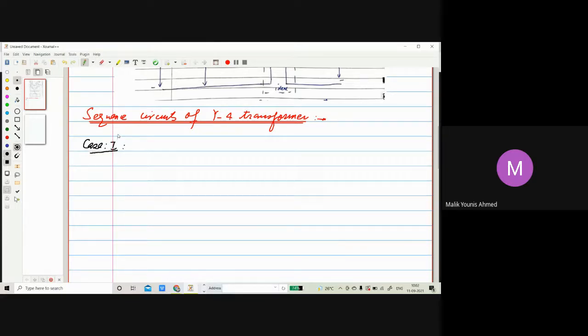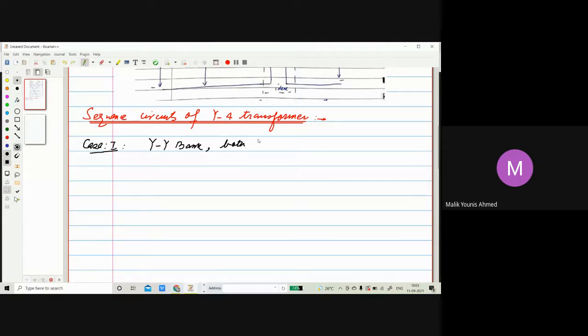Case 1 is a star-star bank, with both neutrals grounded through impedance. This is the most difficult, that's why I have taken it.